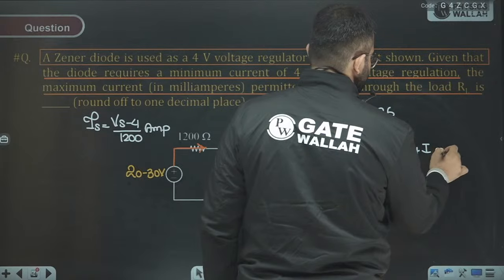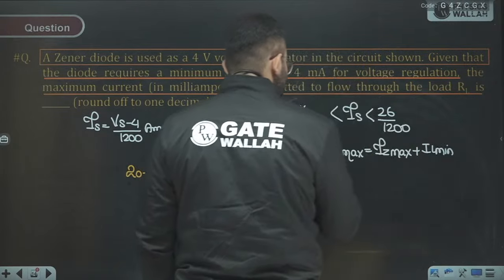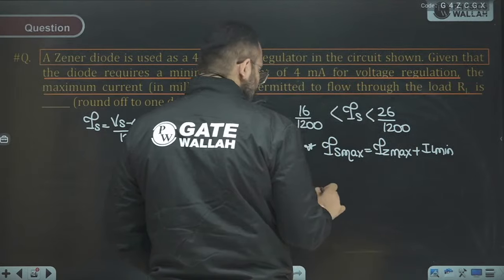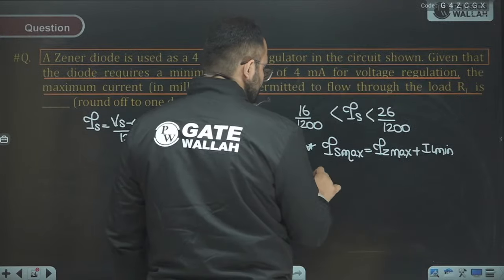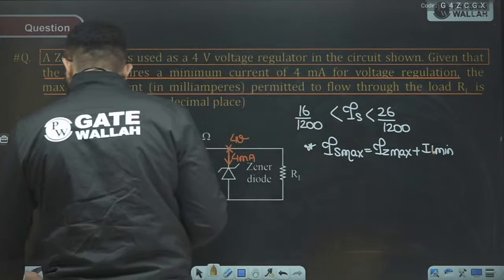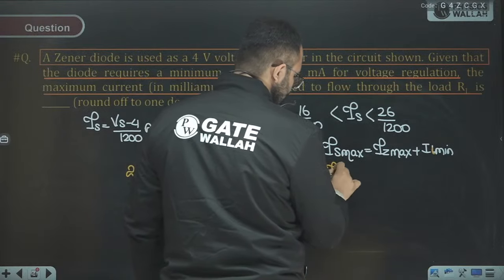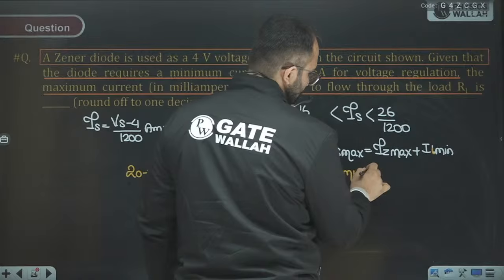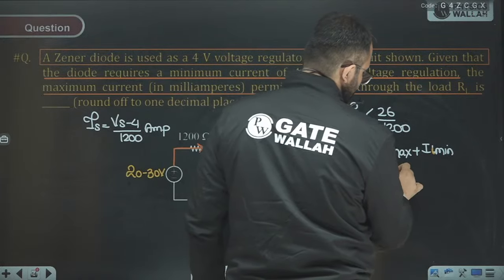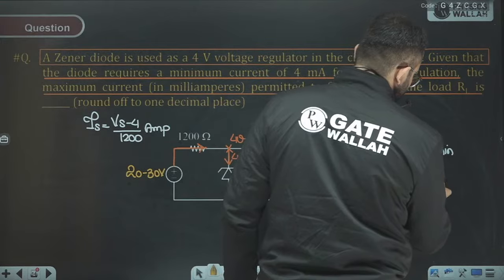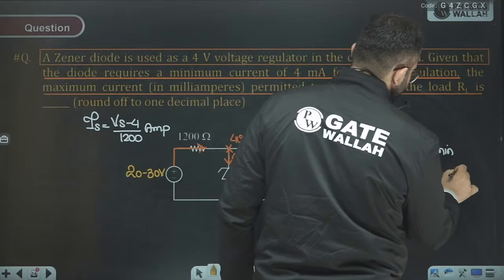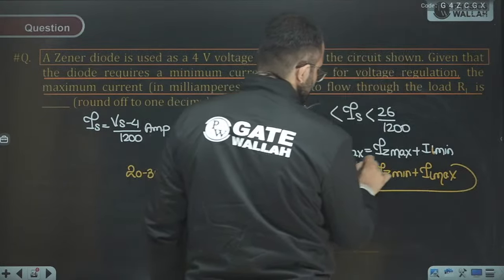All of you remember this, the mummy roti concept, or the concept of varying load current, and IS min is equal to IZ min plus IL max. Now if you want to find out IL max, we have to use this equation.